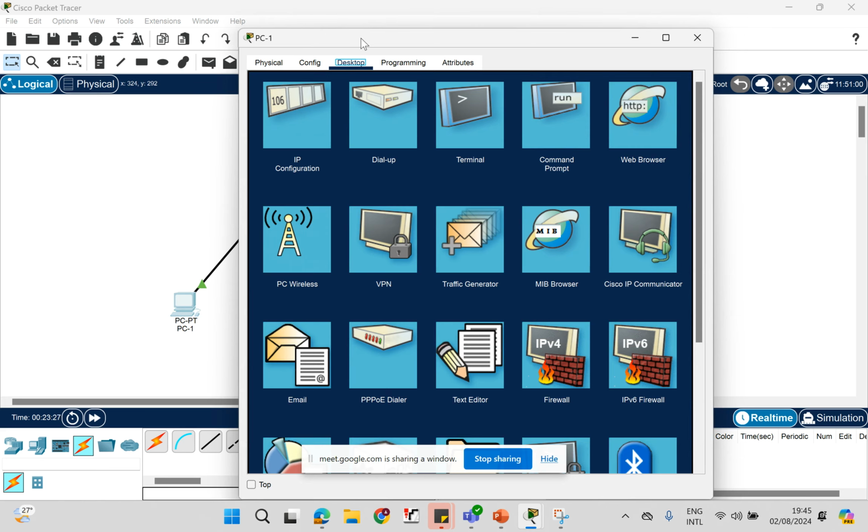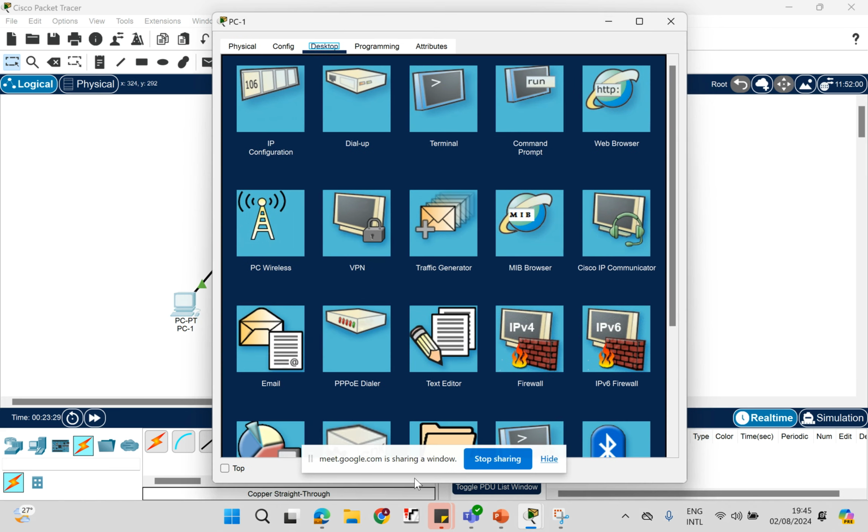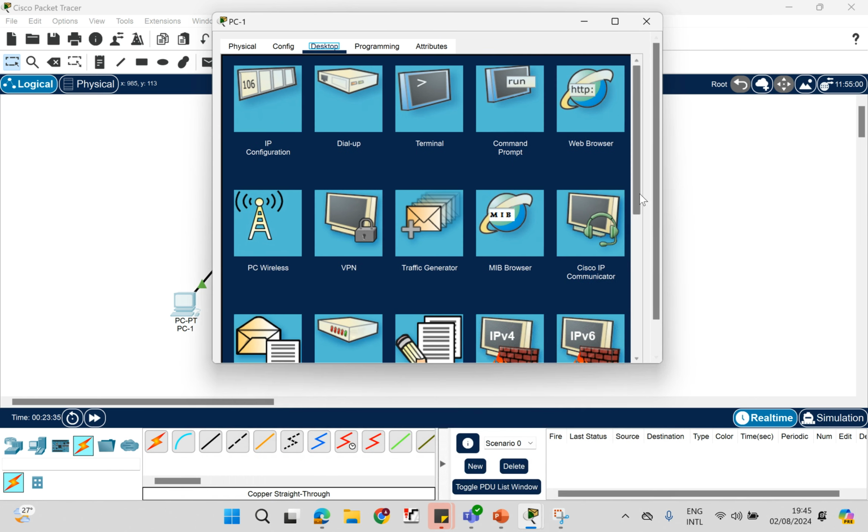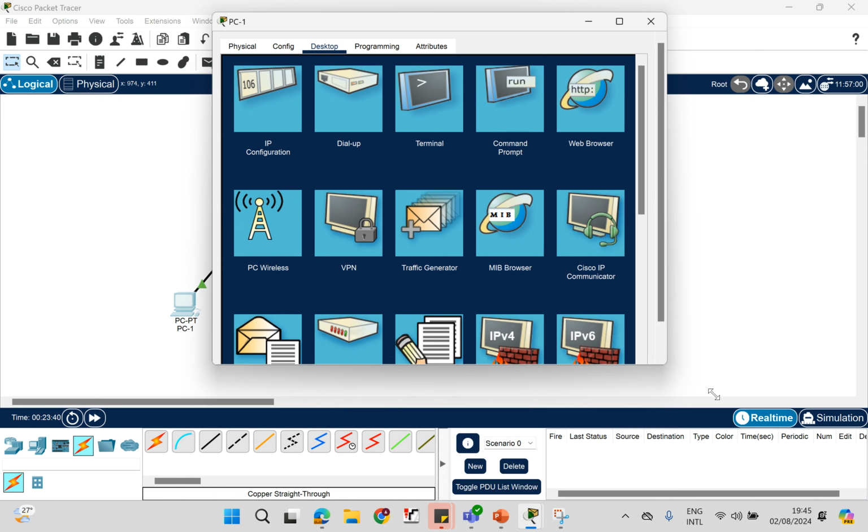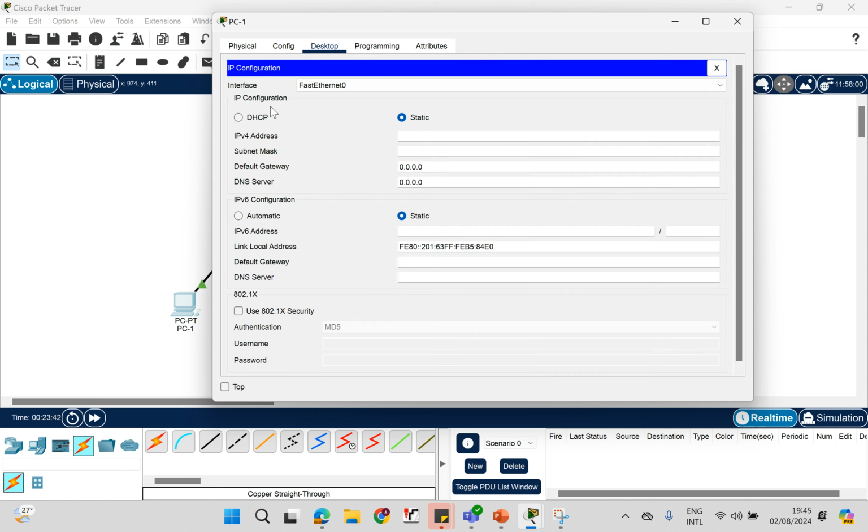Okay, so this is my PC, and I am trying to assign an IP to this PC. Remember, we are discussing IP networks. I want to understand something about subnetting.